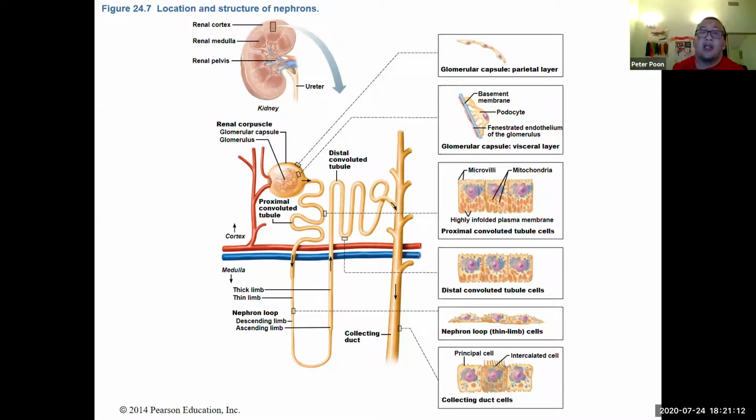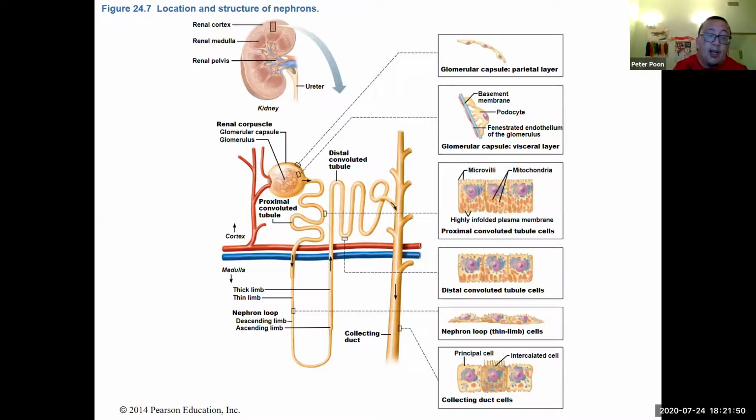The proximal convoluted tubule will reabsorb most of the water, most of the salt, all of the glucose, and all of the amino acids. You can see these have microvilli here, just to reabsorb everything. So about 70% of everything that gets filtered out in the filtrate gets reabsorbed here in the proximal convoluted tubule.